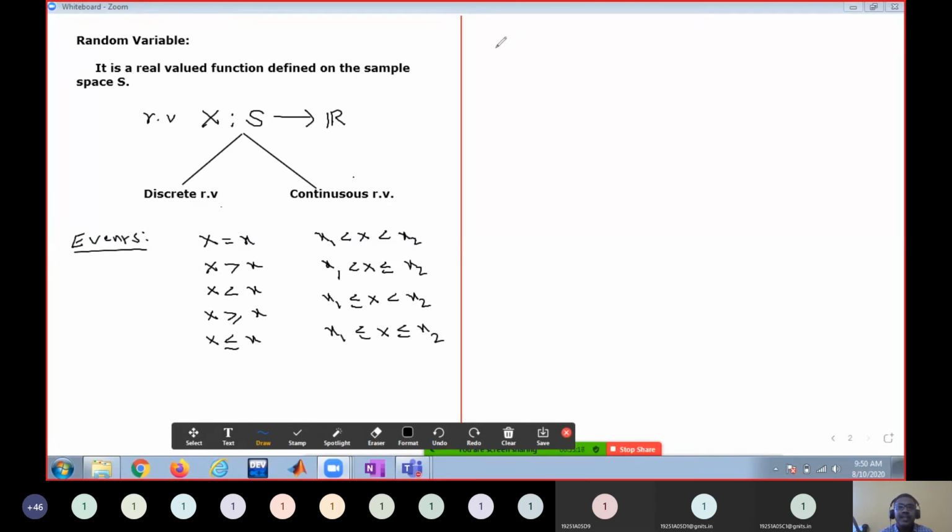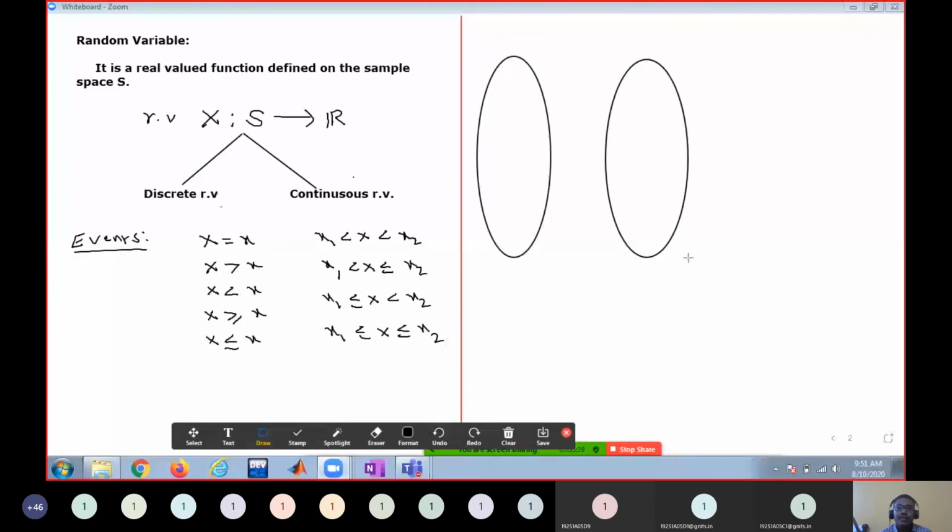So previously, for the number of heads, the possibilities are like this. I'm just drawing this sample space again. Now after that I will show you one more thing. So what was our previous example?